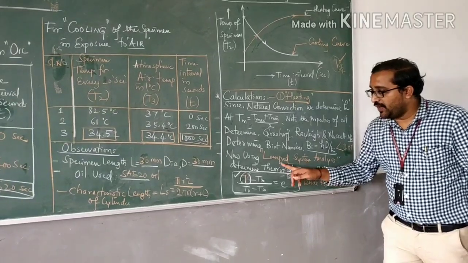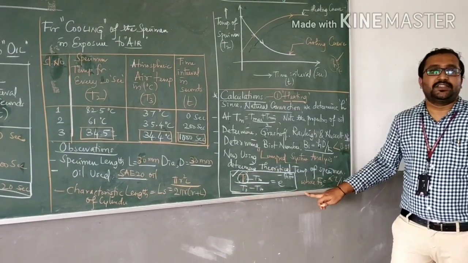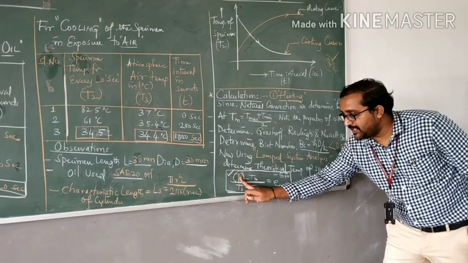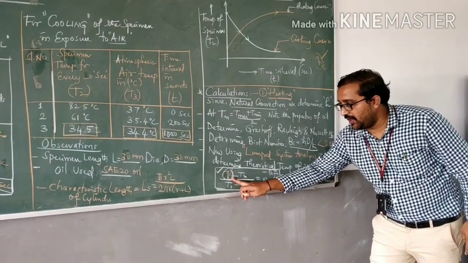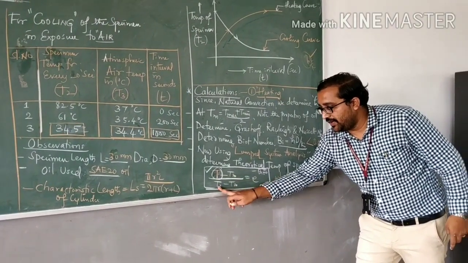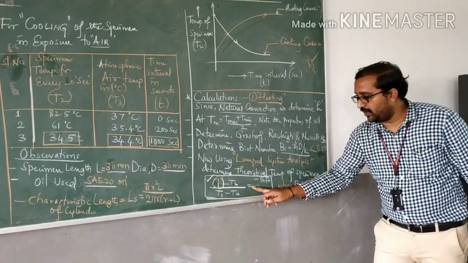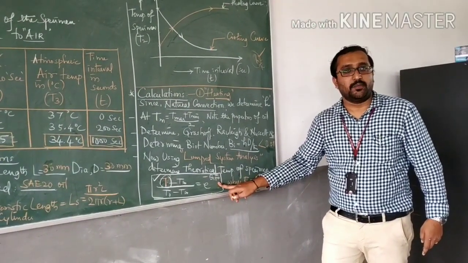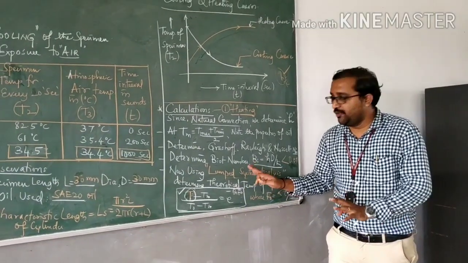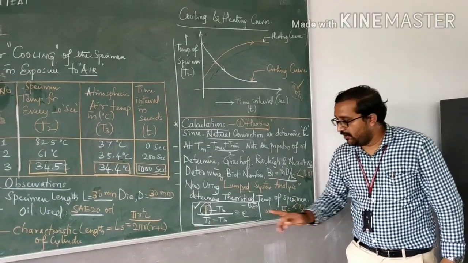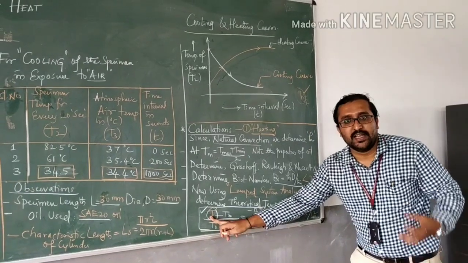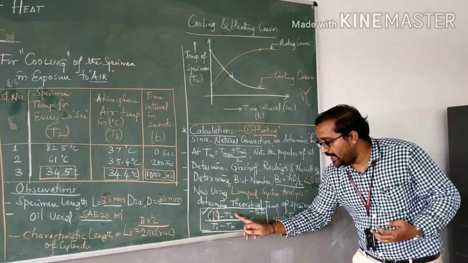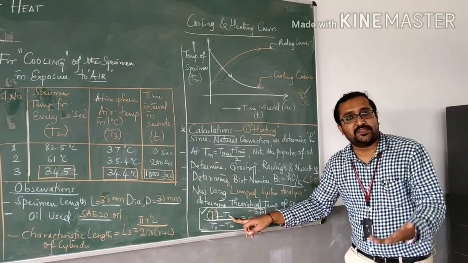In that, we have a standard relation for temperature distribution. I will read out the formula: (T minus T infinity) divided by (T naught minus T infinity) is equal to e raised to minus Biot number times Fourier number. This is the standard formula we use for lumped system analysis, where T represents the temperature of the specimen and T infinity represents the temperature of the ambient.